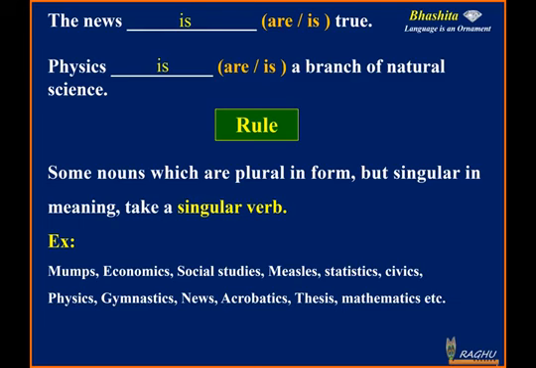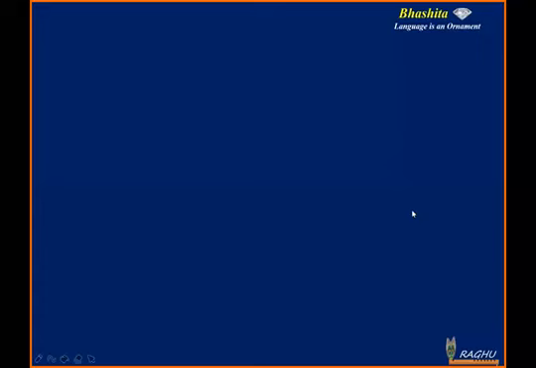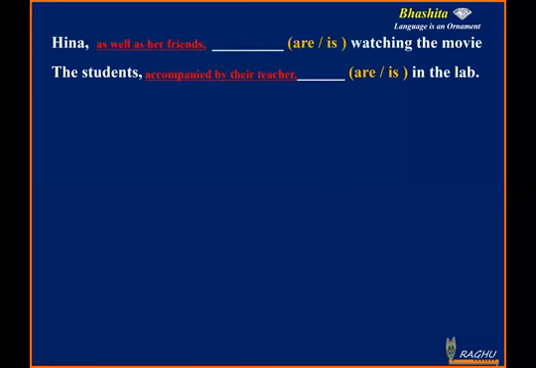So if the rule is clear to all of you, students, let us move on to the next rule. Let me display the sentences on the screen. Hina as well as her friends, the given options are is or are watching the movie.